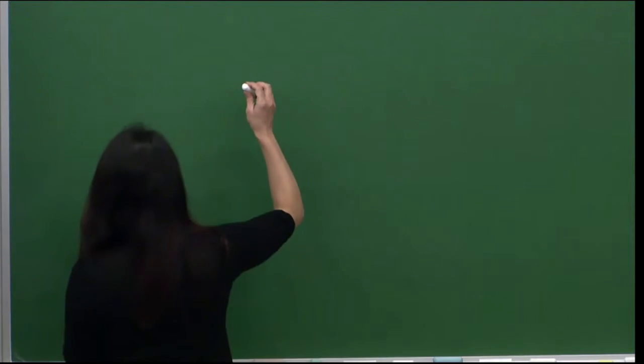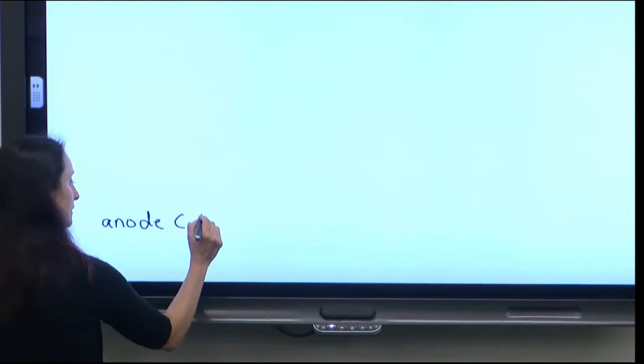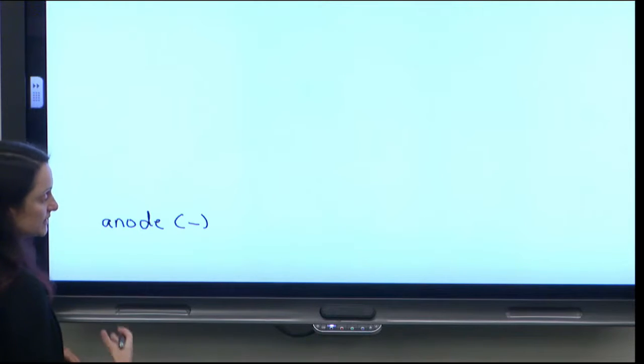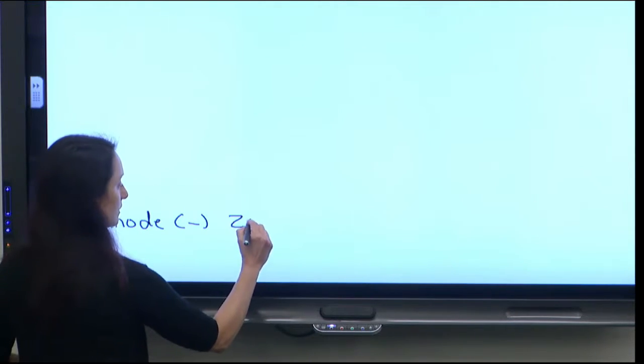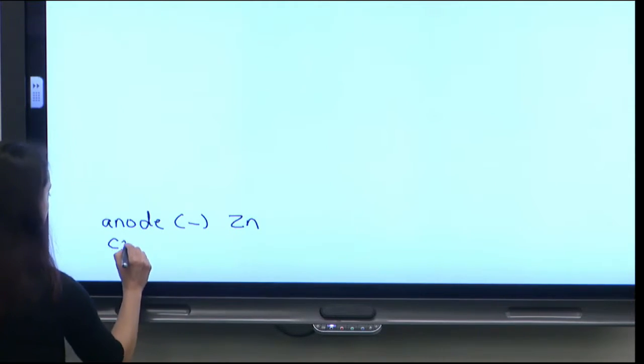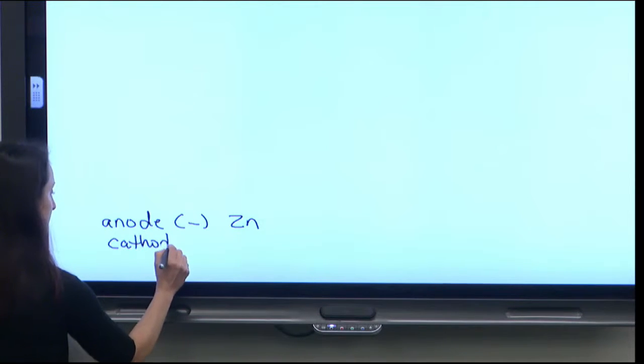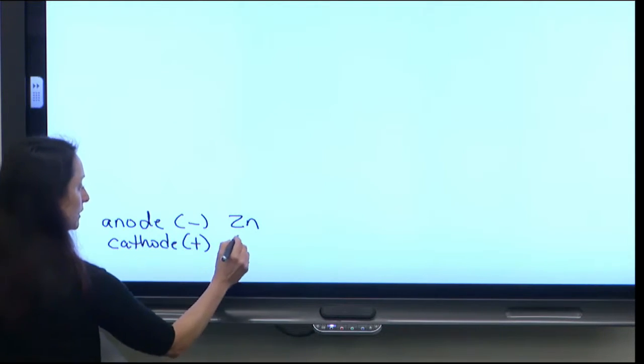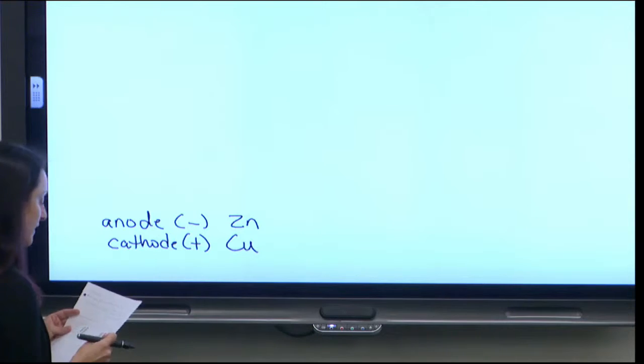An anode is negatively charged. A common material to use for this in this type of demo is zinc. A cathode is the positively charged one. A common one to use is copper.